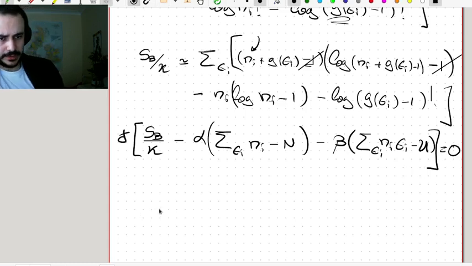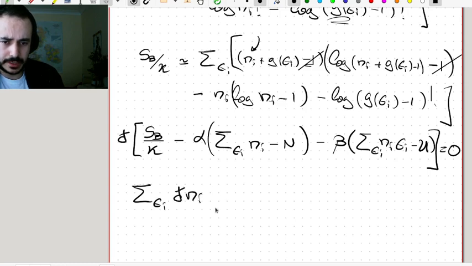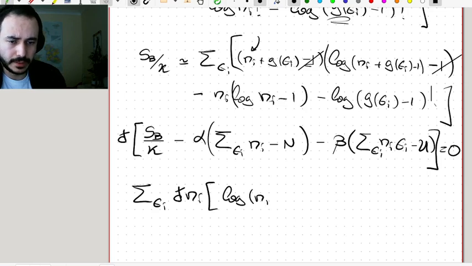Okay, so now let's do the variation here. What you get is the sum over i of the variation of n_i, and inside you get from the first term the logarithm of (n_i + g_i). I'm throwing away the minus 1 like I told you before.